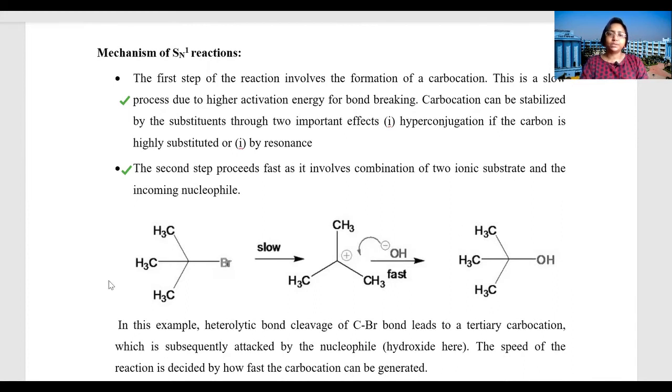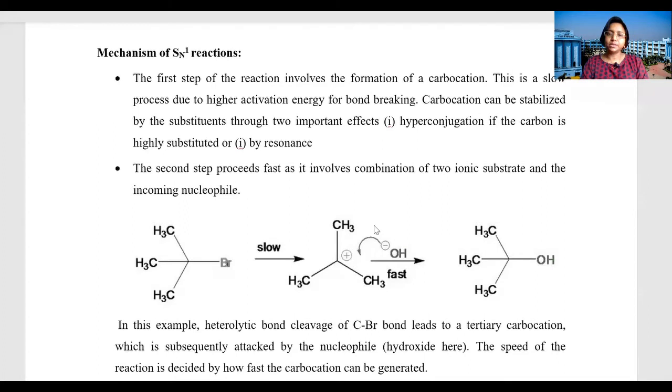So here you observe that first the carbocation is produced. First bromine leaves from here. Now the carbocation is produced. Then it is attacked by OH minus, that is a nucleophile. After that we get our product. Observe one thing: notice the reagent and the product.